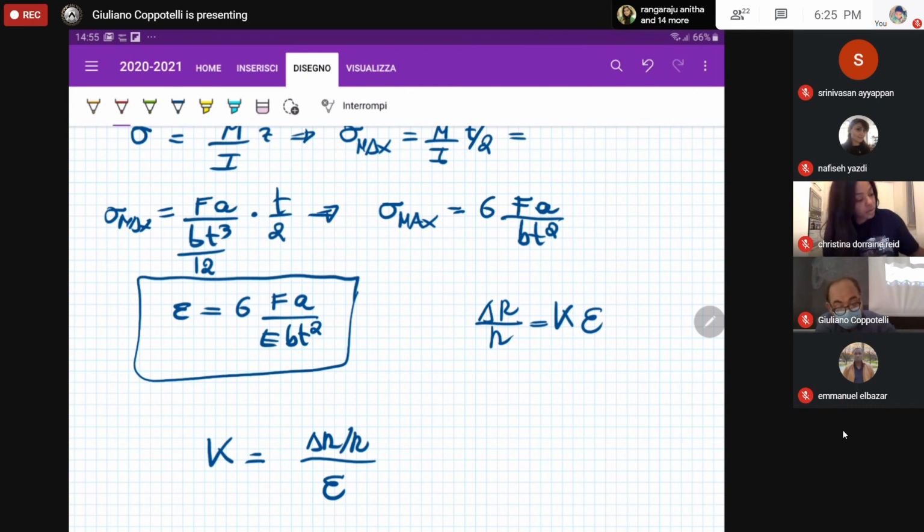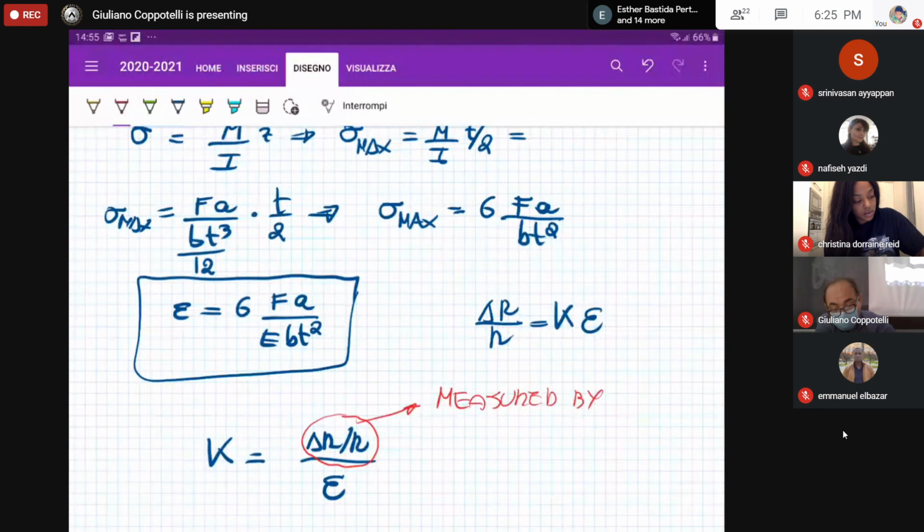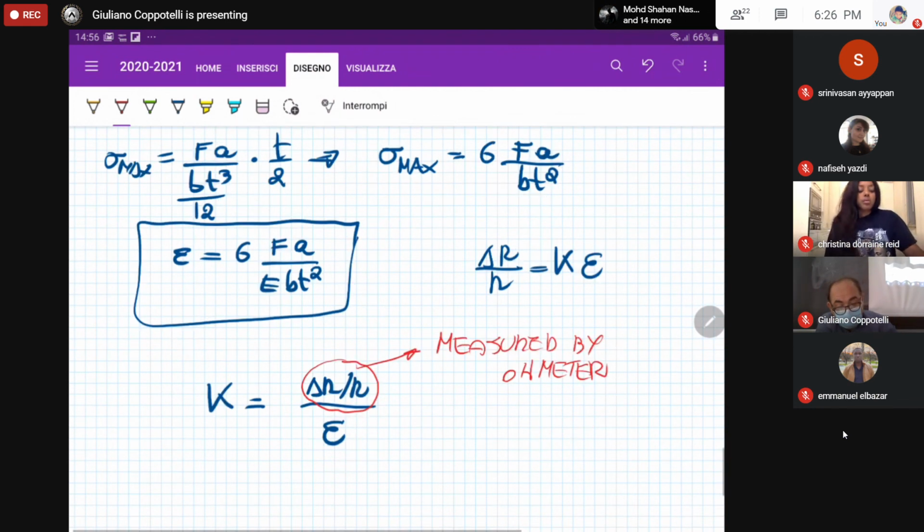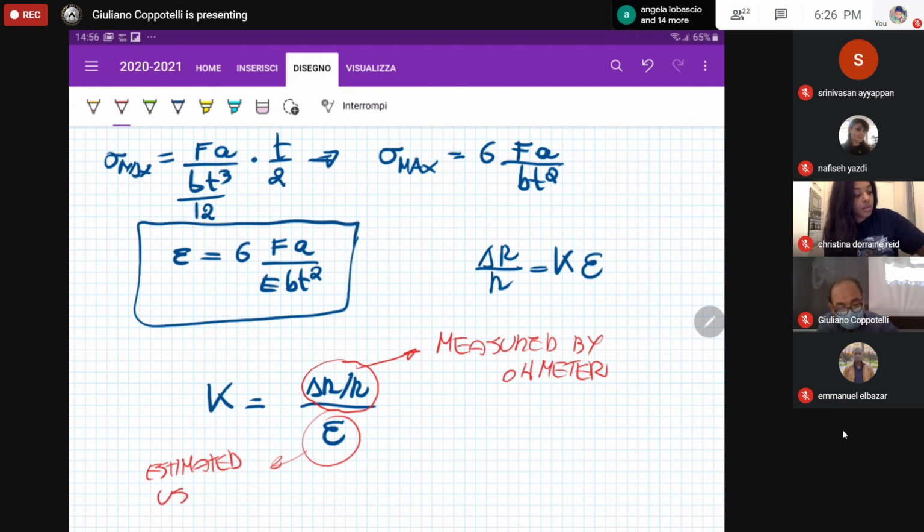And this ratio dR over R is measured by a very precise measuring circuit called an ohmmeter, that is very precise, whereas the strain is estimated using the previous formula.